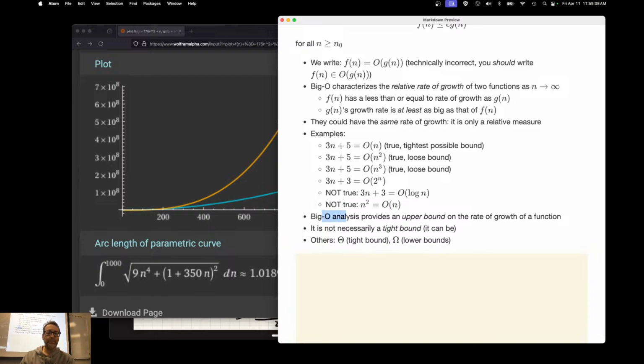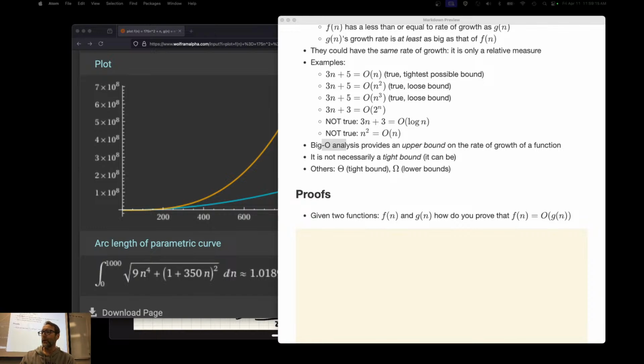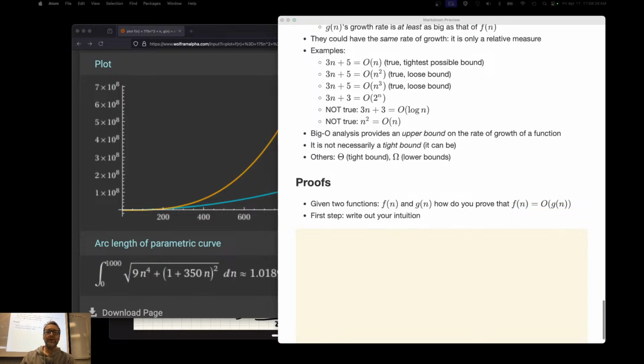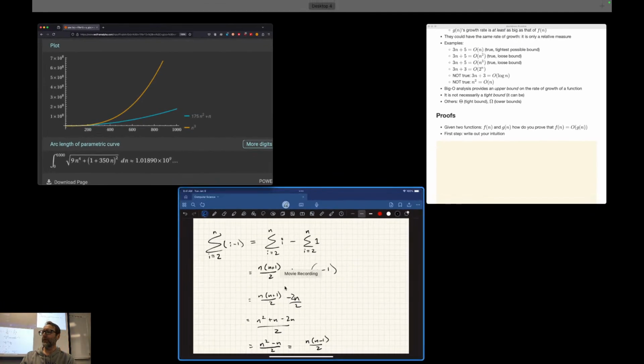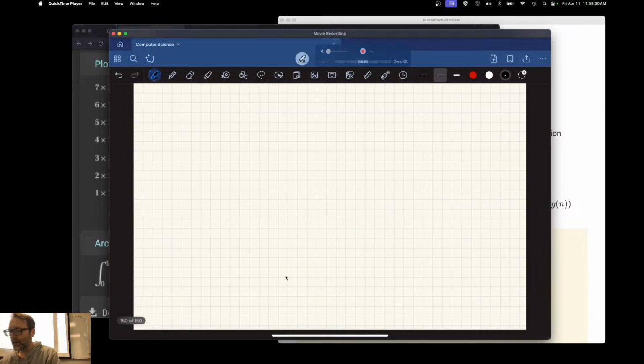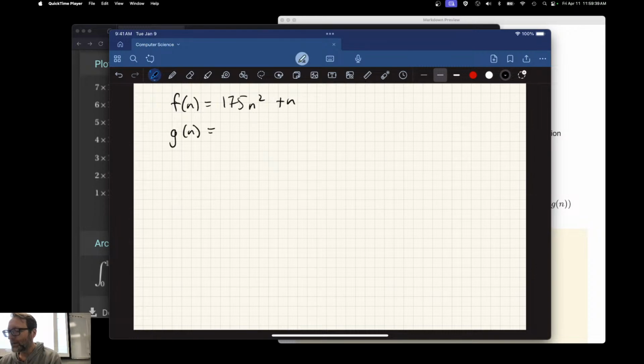How do you go about proving a bound like this? Given two functions, f of n and g of n, how do you show that f of n is big O of g of n? Well, the first step: write out your intuition. So these two functions that we just had, let me write them out. f of n is 175 n squared plus n, and g of n is n cubed.